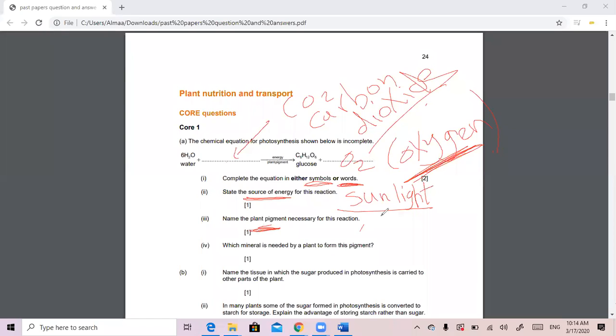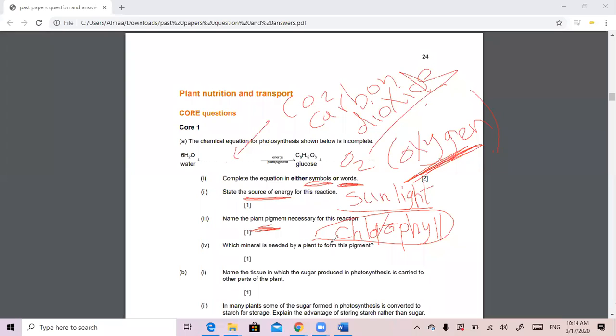Write it like that. Or you can write the green pigment.